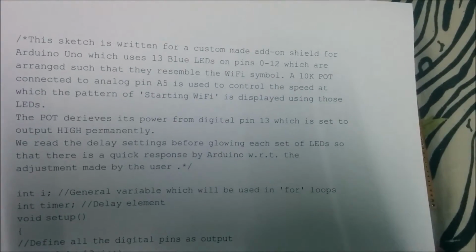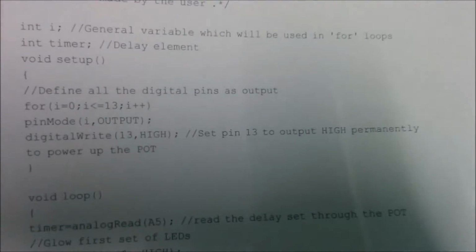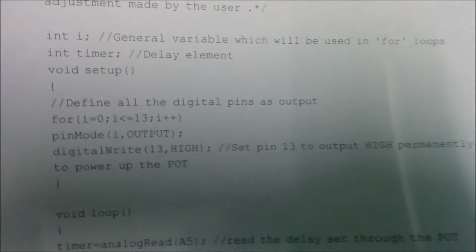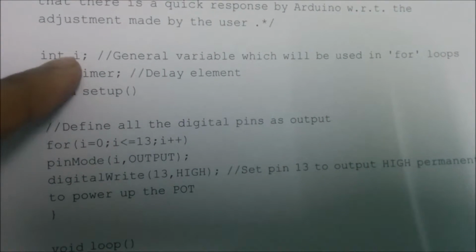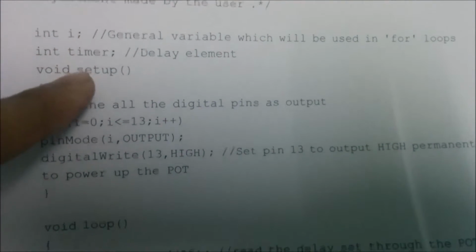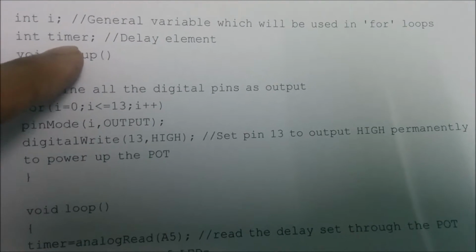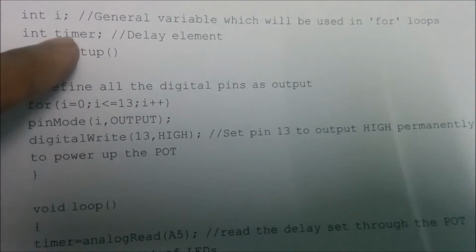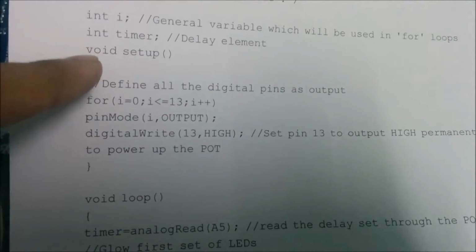As I have already explained what this project is all about, I would be skipping this part. We would directly go to the initialization of the global variables. First, I am defining a variable i which I would be using in the for loops. Then we would require a variable timer which would be controlling the delay between the glowing of the LED sets. That's it. Then setup.